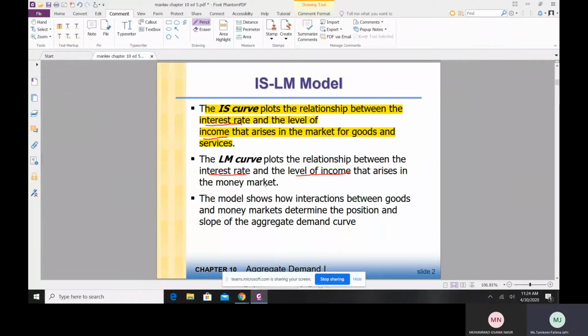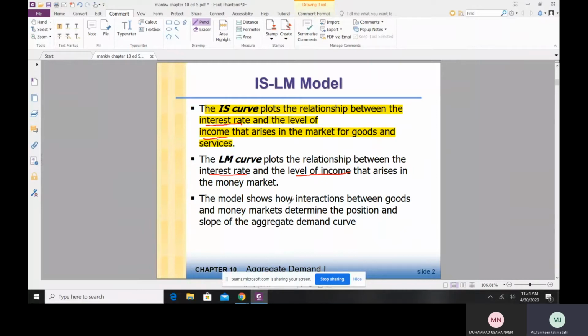मैंने अभी थोड़ी देर पहले आपसे यही बात की थी कि IS curve represents what's happening in the goods market. It's going to capture the relationship between R and Y in the goods market, whereas the LM curve is going to capture the relationship between R and Y in the money market.